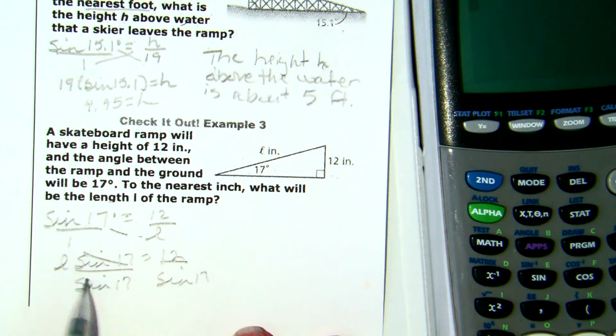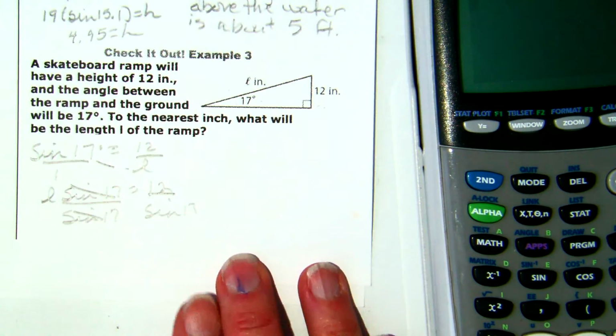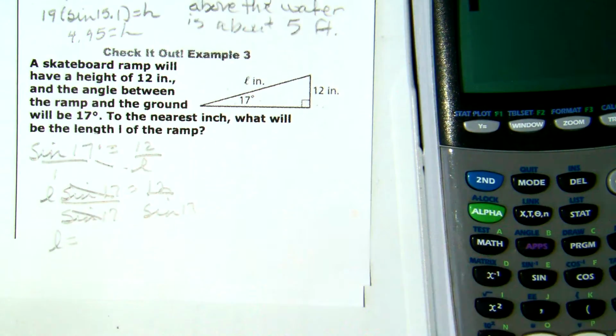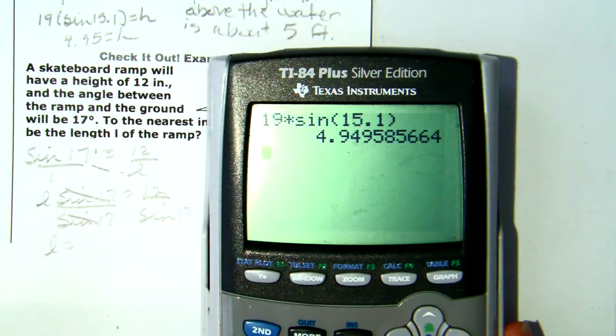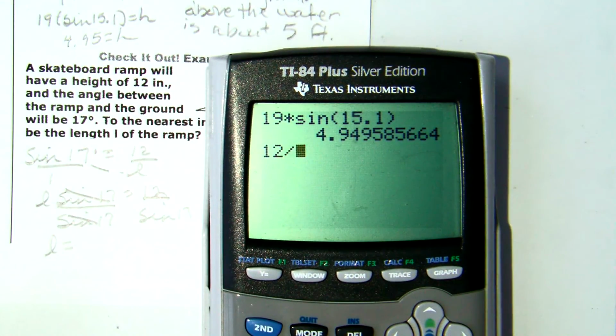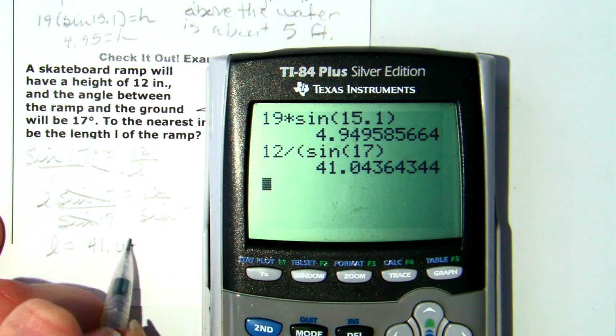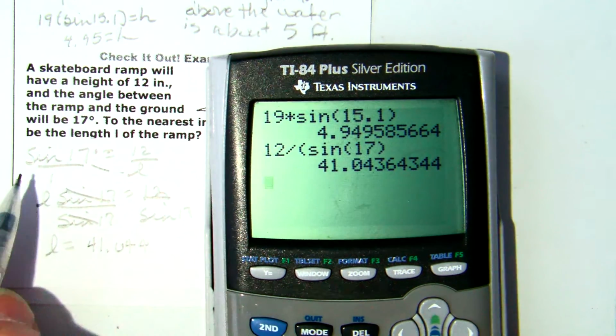Those sines of 17 reduce out, and we have the length is, now again, pick your calculator up, do 12 divided by, put sine in parentheses, so divided by the sine of 17 equals 41.044, and that's inches.